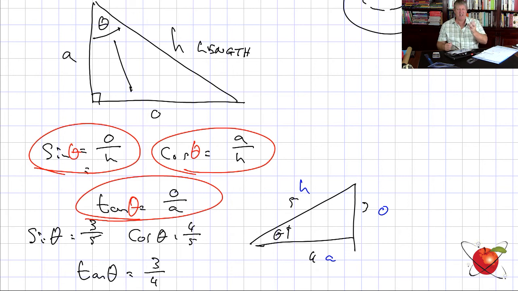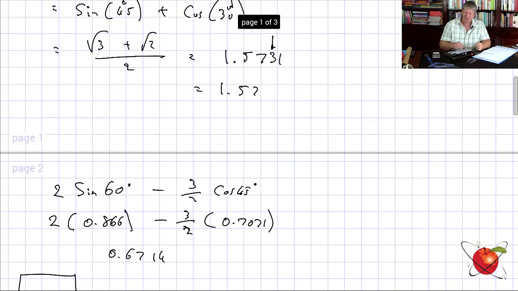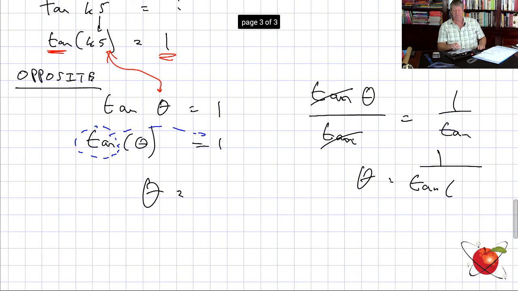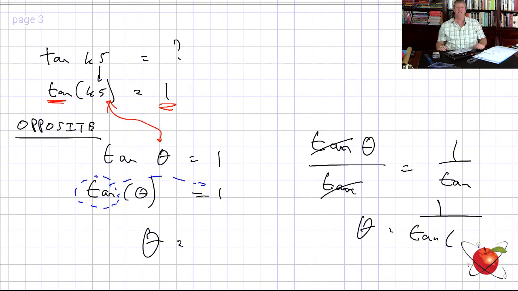So you cannot divide through by tan on its own, because tan doesn't exist on its own. It means nothing. Try 1 divide cos, or 1 divide by sine, and you get a syntax error. You cannot divide by the letters cos, sine, or tan. It doesn't exist.